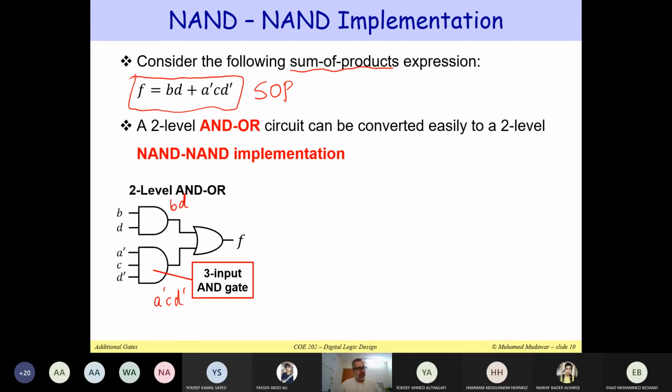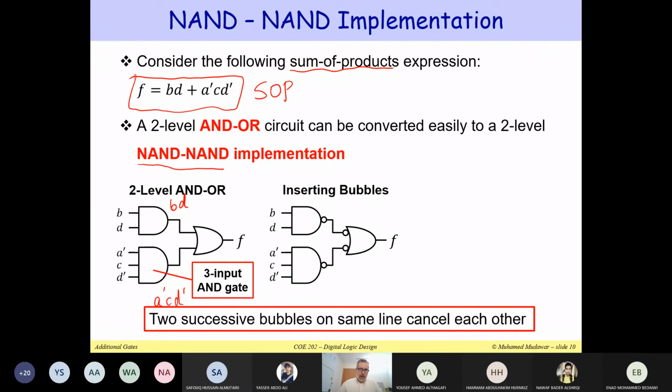Now I can easily convert this 2-level AND OR implementation into a NAND implementation. How to do this is easy. The first step is to insert bubbles. In order to convert AND into NAND, I have to invert its output. So I'm going to insert a bubble, but if you insert a bubble, then this will change the function. In order not to change the function, you can have a second bubble on the same line.